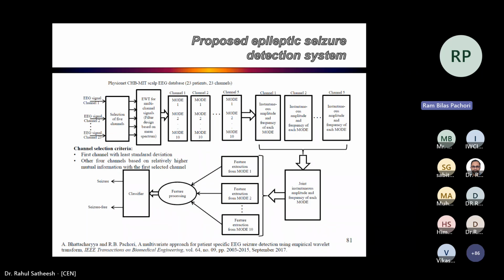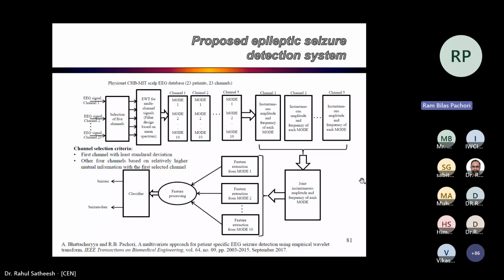So this is the proposed epileptic seizure detection system. Here we have used the PhysioNet CHB-MIT scalp dataset, which is recorded from 23 patients and has 23 channels. If you use all 23 channels for designing this epileptic detector system, it suffers from huge computational complexity.